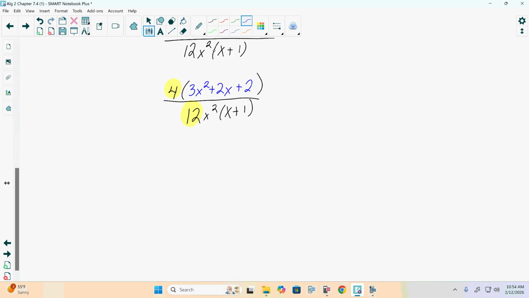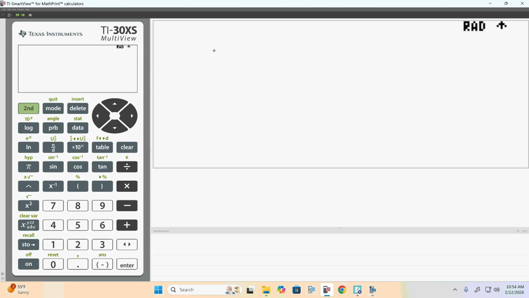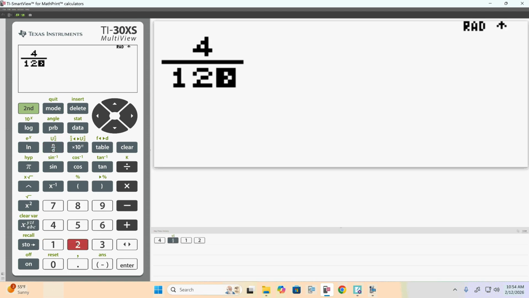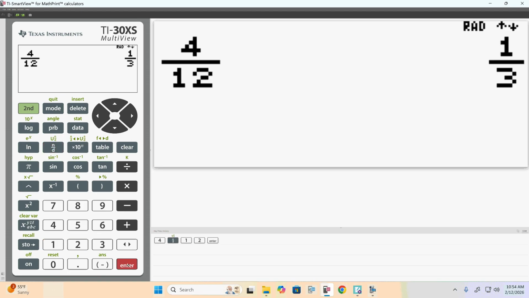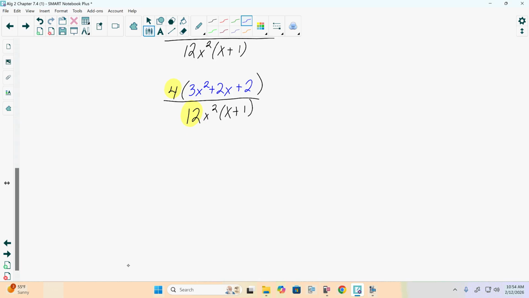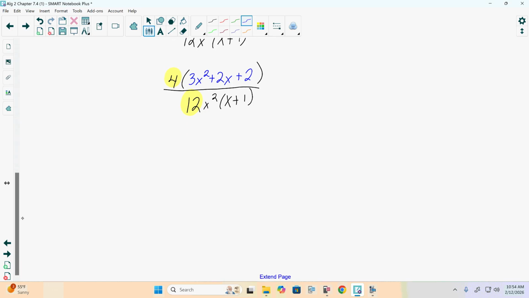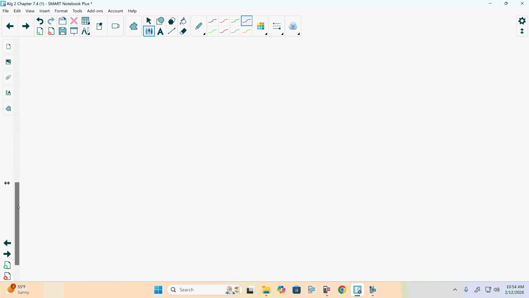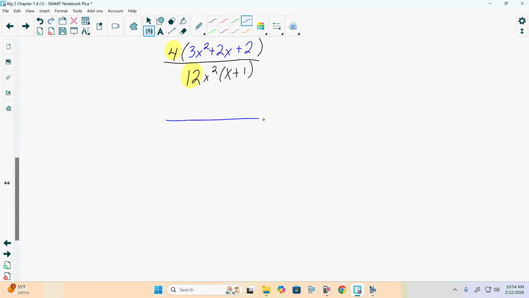4 over 12 is going to reduce to what? Reduces to 1/3 because they have a greatest common factor of 4. Because it reduces to 3. Yeah, no, you're right. So since we have that common factor of 4, the 4 is being multiplied on the outside, it's going to reduce completely, leaving us with 3x squared plus 2x plus 2 on top.